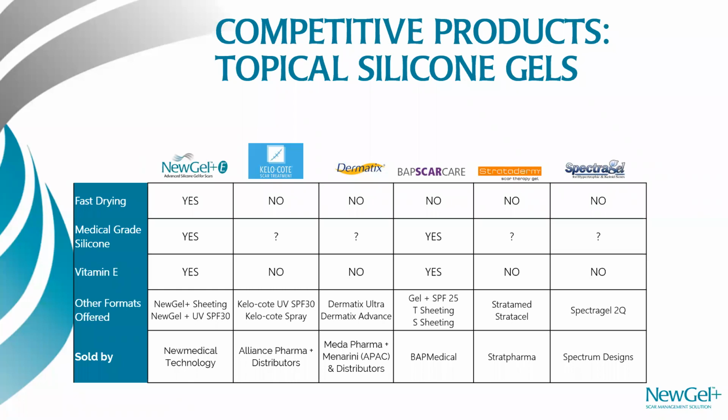And if you see a new product come into market, without waiting for us to tell you how it's different, just put on your detective hat and look at it and say, is it all silicone? Because silicone is the gold standard. If it's not silicone, then that's a disadvantage. If it is silicone, is it medical grade? Does it have vitamin E in it or anything else?